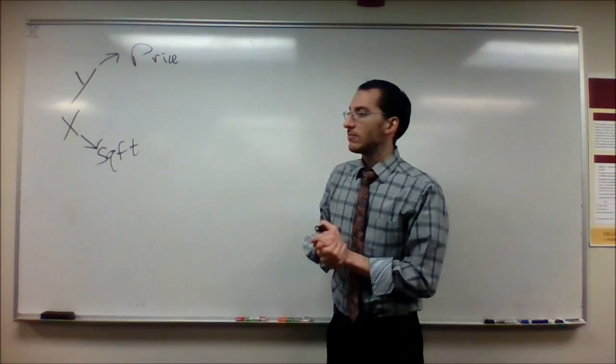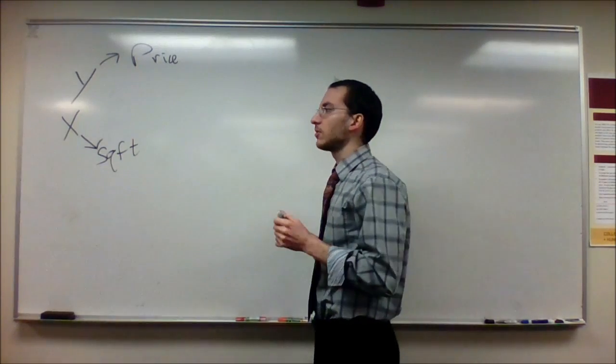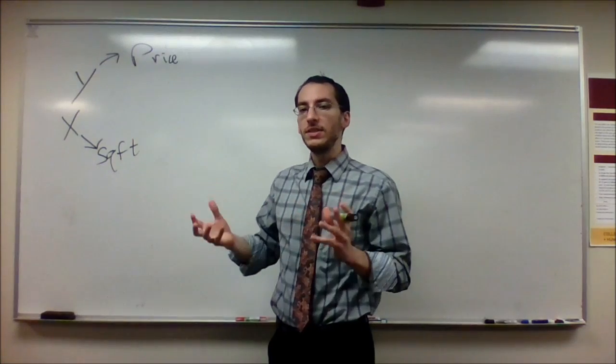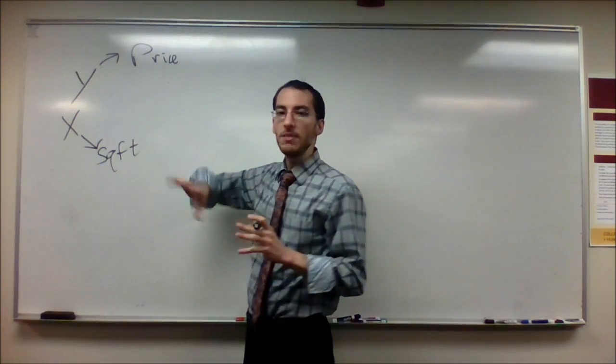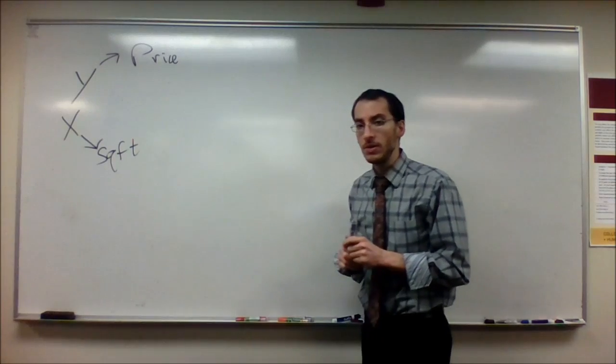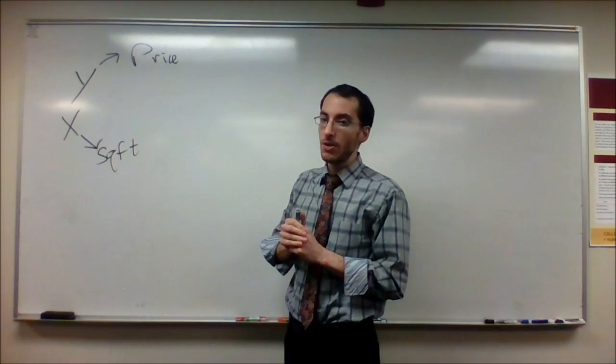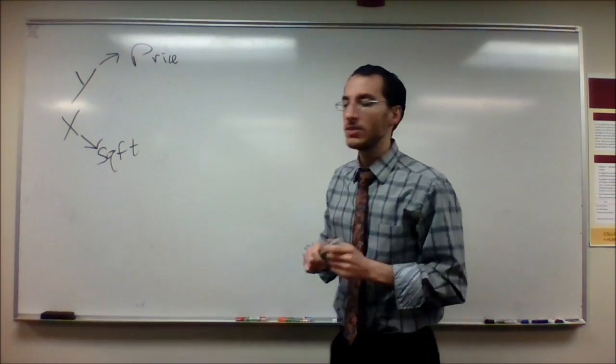So the way we conceptualize regression is we say, well, let's just look at a scatter plot of the data. Let's just see how they might relate to one another. And you started to do this last week by calculating a correlation coefficient and looking at a scatter plot.